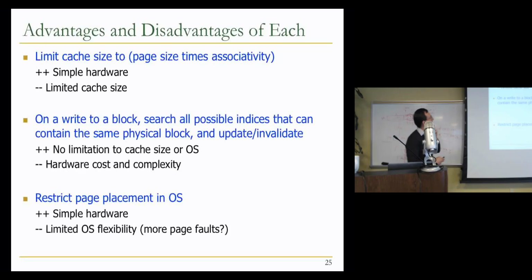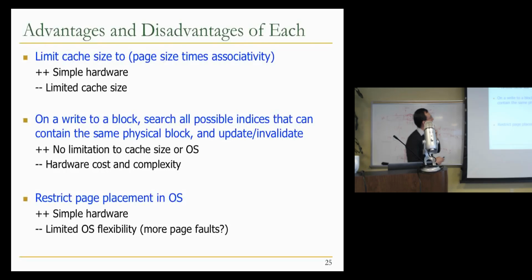The third solution: restrict the page placement in the operating system. This leads to simple hardware. You don't need to do any of these. But now you have limited OS flexibility. So perhaps you get more page faults because you're restricting your page placement. For example, whenever you bring in a virtual page that ends in 0000, you can only replace one of the physical frames that end in 0000.